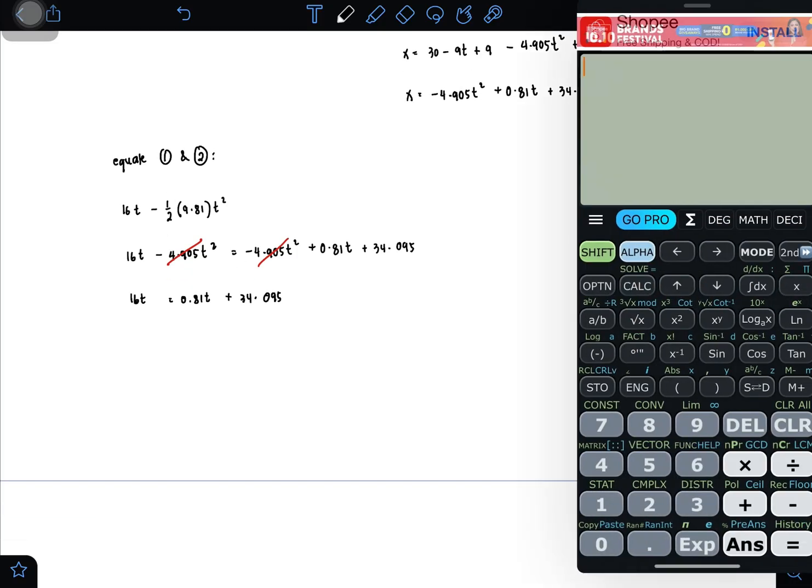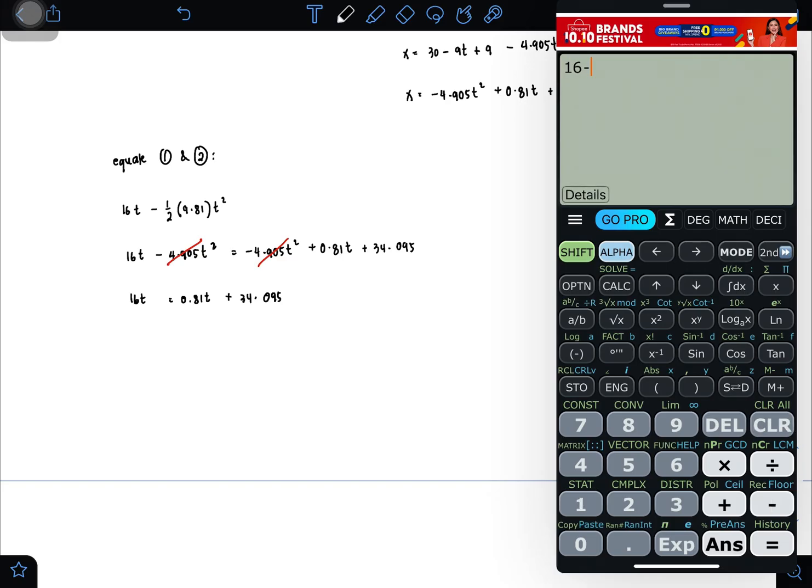Or that would be 16 minus 0.81, which is 15.19 time, and that's equal to 34.095. So the time being asked, or when rather, 34.095 divided by 15.19, that is 2.245.